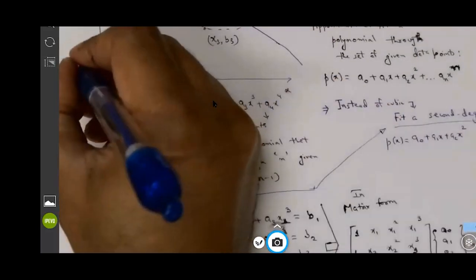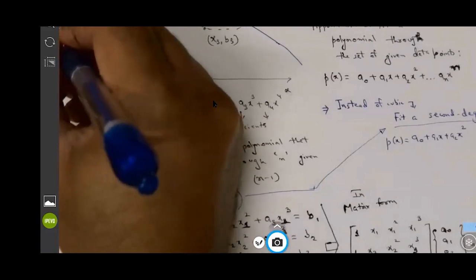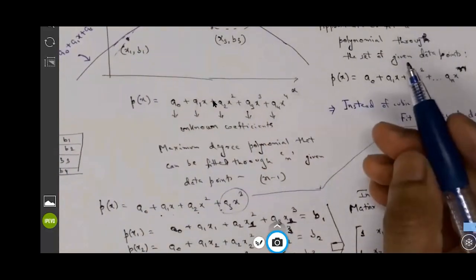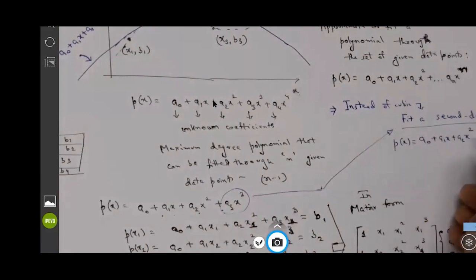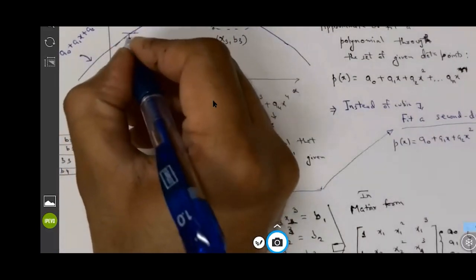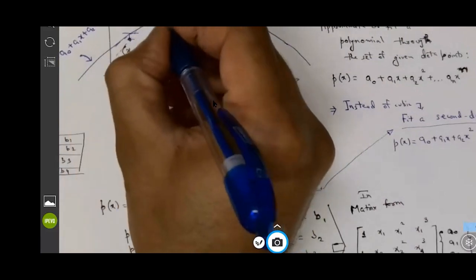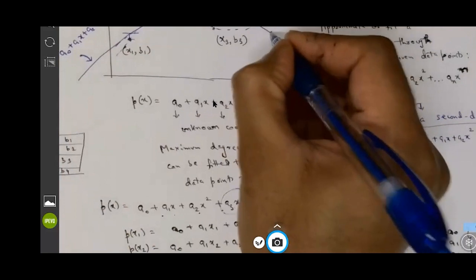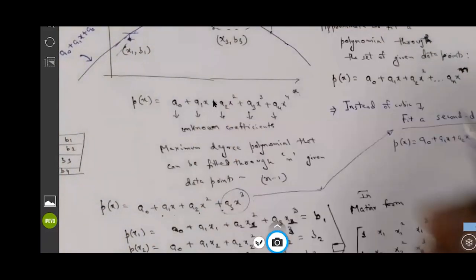A second degree polynomial given by a0 plus a1x plus a2x squared cannot pass through arbitrary 4 data points exactly. So what we do is use the least square solution, where the polynomial must have the errors between the data points as small as possible. So these errors should be as small as possible.